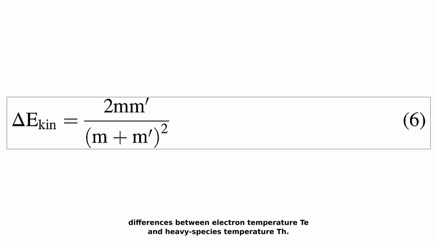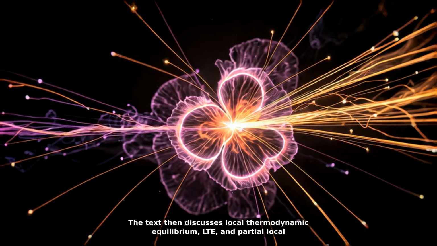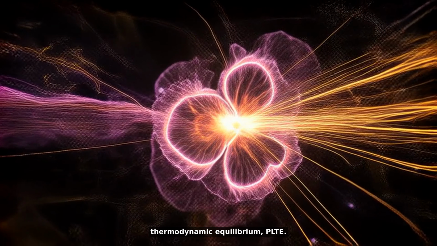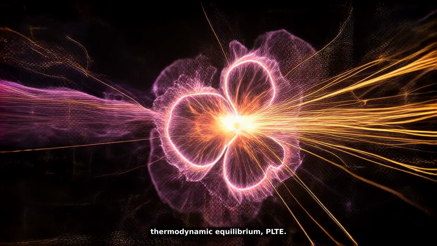The text then discusses local thermodynamic equilibrium, LTE, and partial local thermodynamic equilibrium, PLTE. Beyond thermal balance, LTE requires excitation equilibrium and chemical equilibrium, and it also imposes limits on gradients in the plasma.